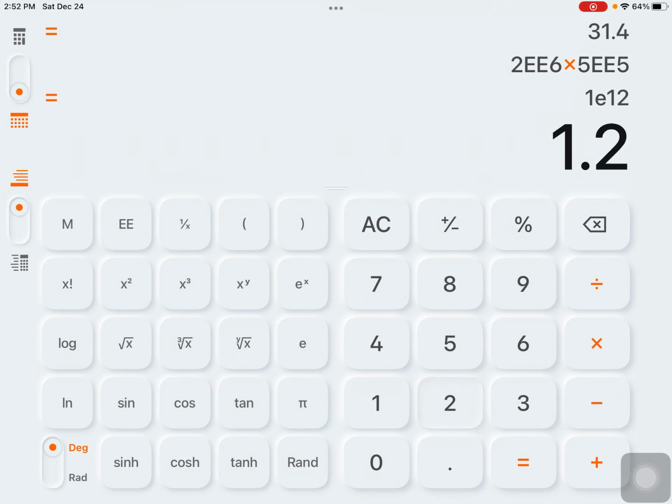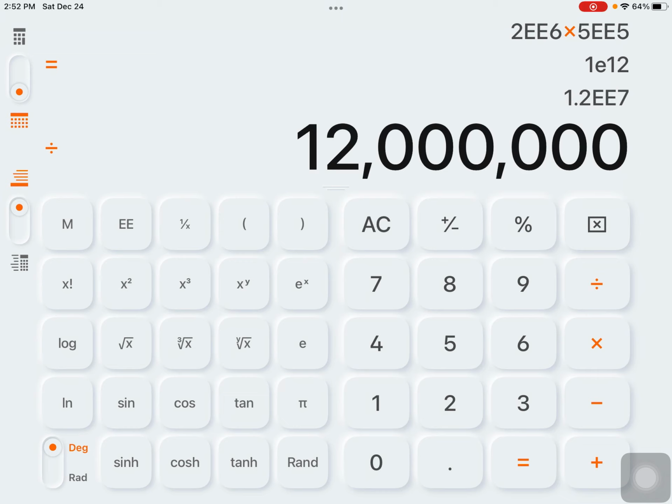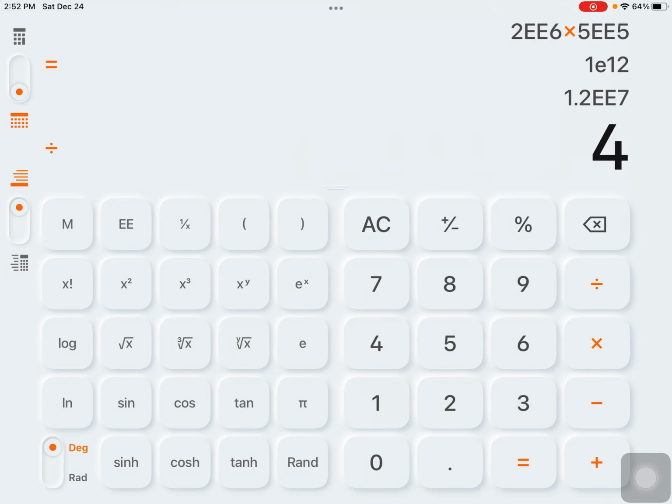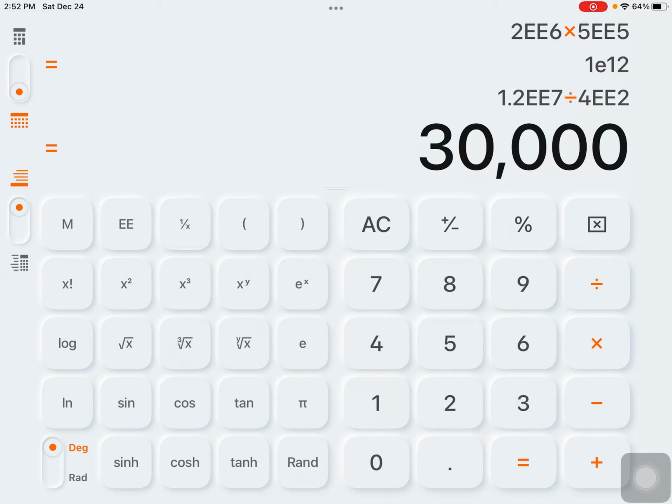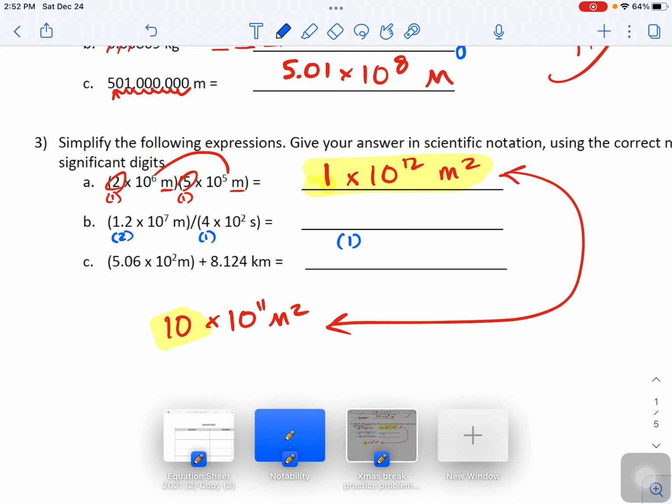Okay, 1.2 EE7, and then I'm going to divide that. You notice a 1.2 EE7 shows right above that value. Divide that by 4 EE2. We go equals, and it looks like the number value is 30,000, but we'll have to do some converting to scientific notation.